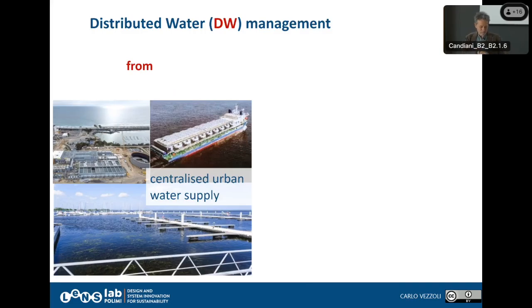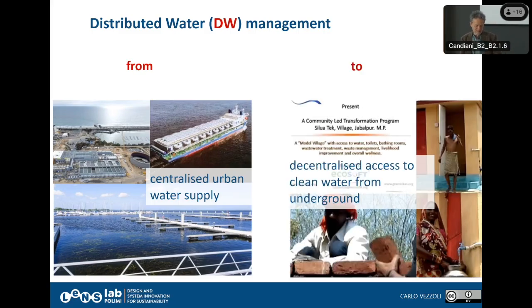We move from centralized urban water supplies to decentralized access to clean water from underground, for example, or we can collect the water from the rain, or there are different ways, but this is not centralized, again, big plants, but a distributed one.